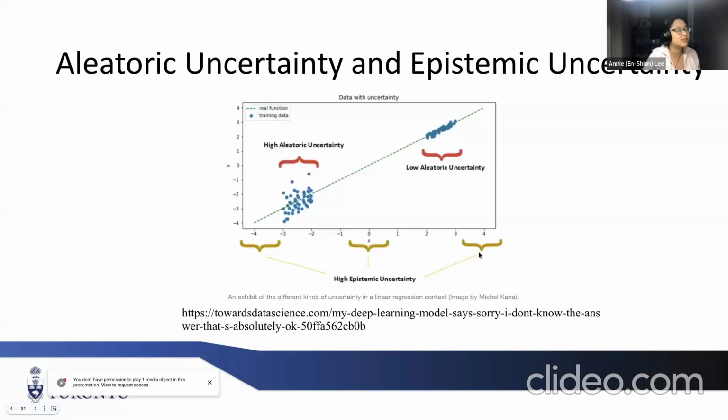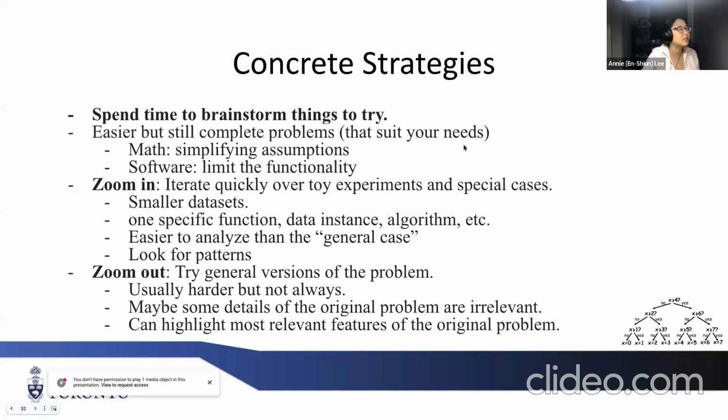So this is data with, there are 2 axes. This is uncertainty and data. So you have data with uncertainty. And here we have uncertainty with a lot of data. Oh yeah, so this is the train, yeah.